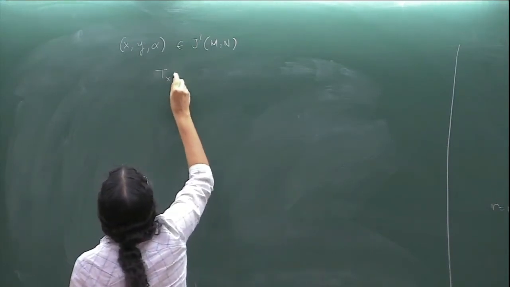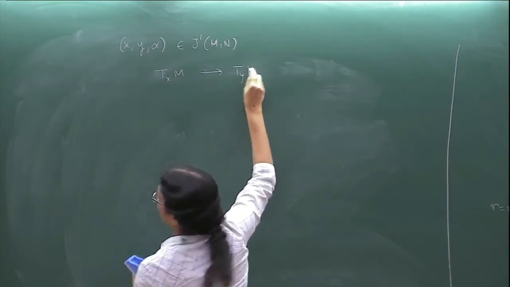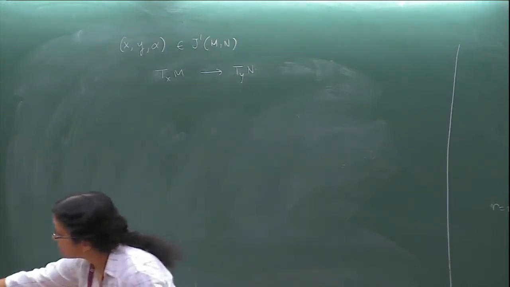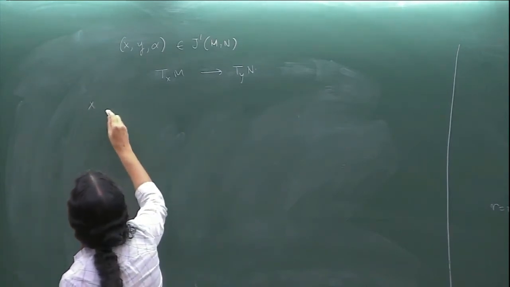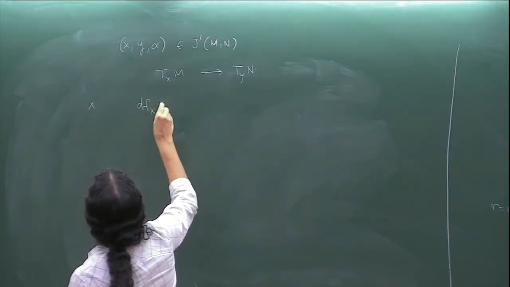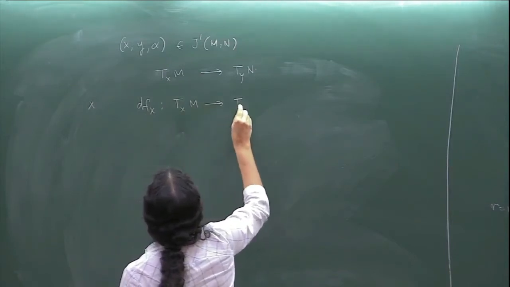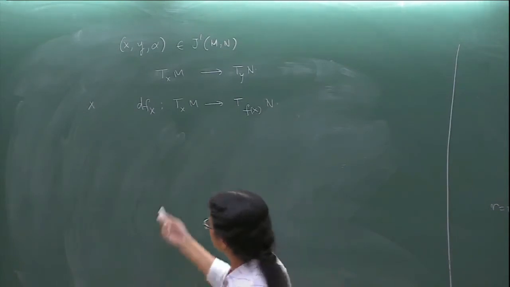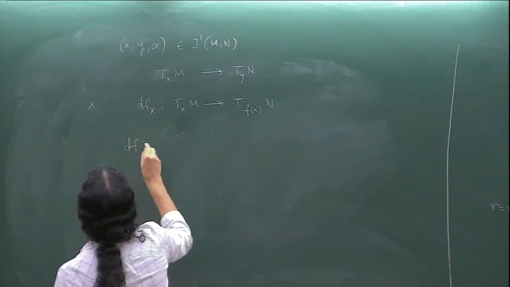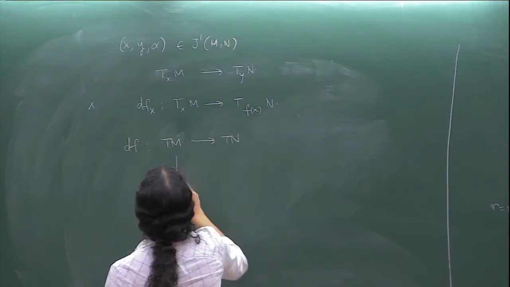Alpha is a map from T_xM to T_yN. If you look at a section of this bundle, that means for every x I have a map df_x from T_xM to T_{f(x)}N. In other words, df is a bundle morphism over this.